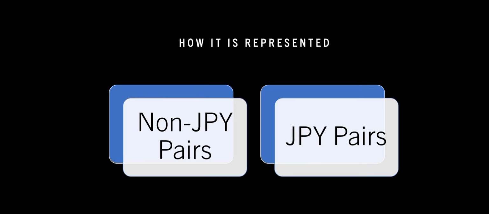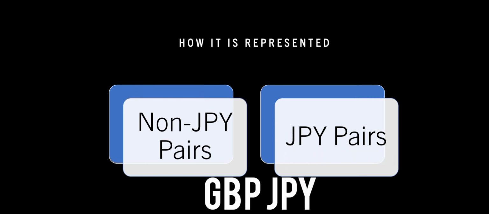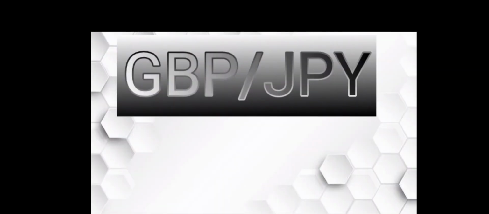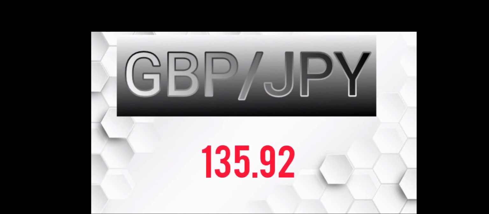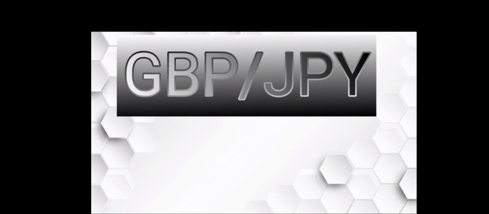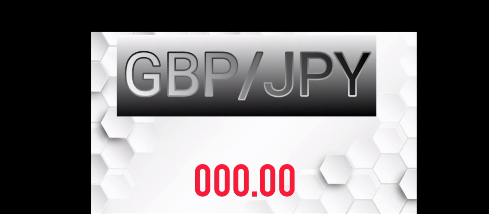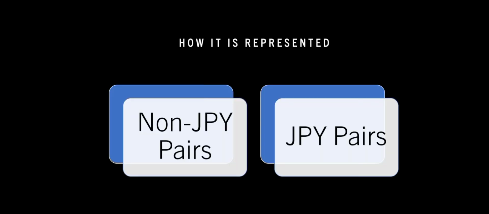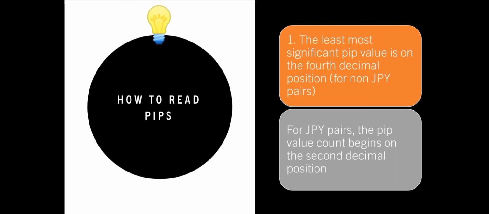And then we have the JPY pairs like the GBP JPY, which could look like this, having a price quote of 135.92. So JPY pairs have 2 decimal places, and this is how price is quoted on JPY pairs and non-JPY pairs. How to accurately read and interpret pips.